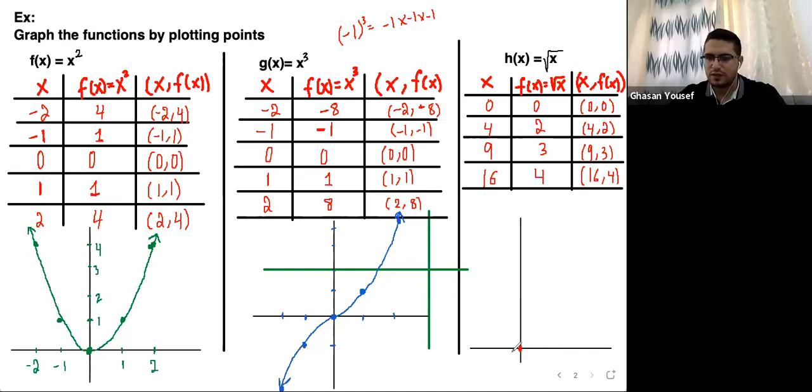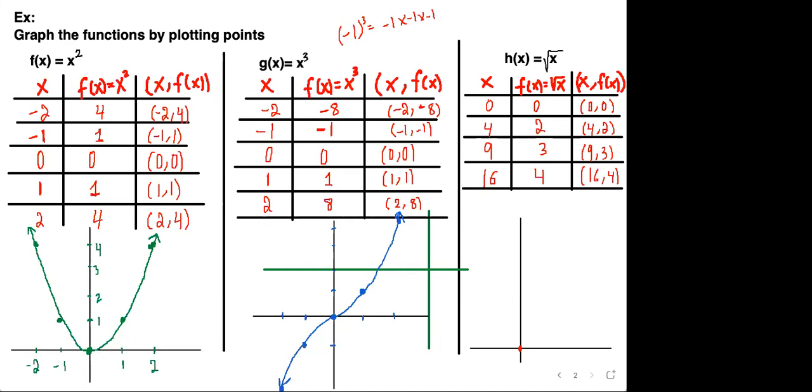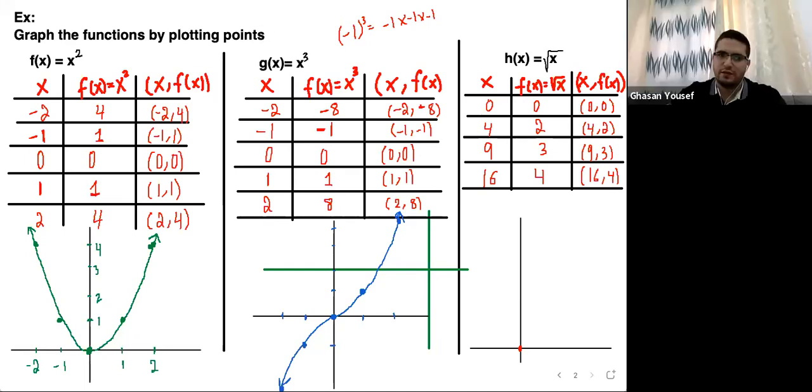Some students ask if we can pick any numbers for x. Yes, we pick the numbers for x, but I choose 0, 4, 9 and 16 because it's easy to find the square root of these numbers. These are called perfect squares. Why perfect square? Because the square root of these numbers is known, and we don't have to use the calculator.